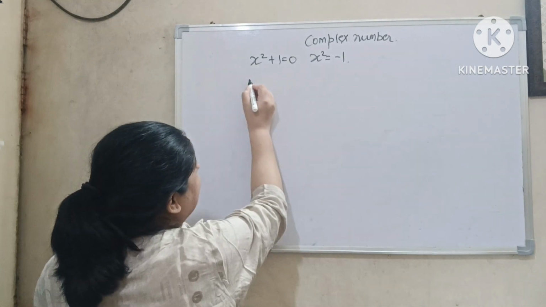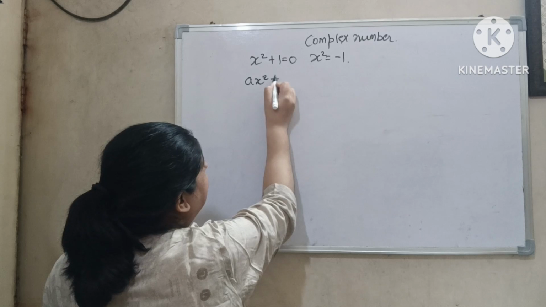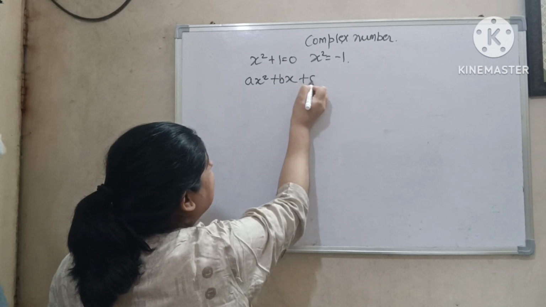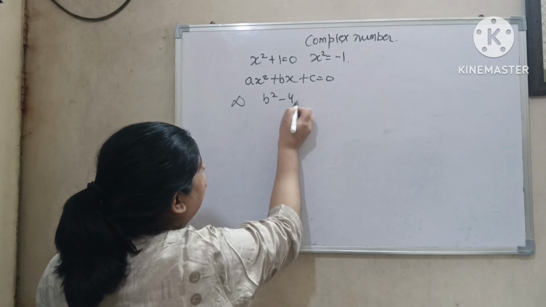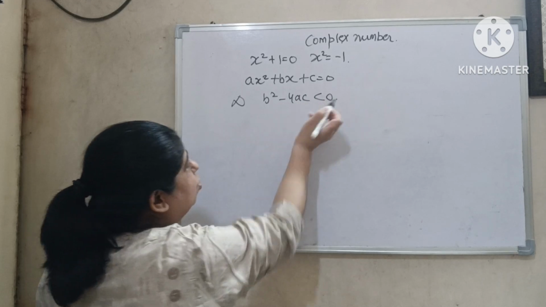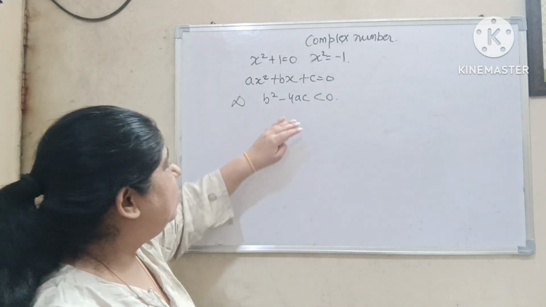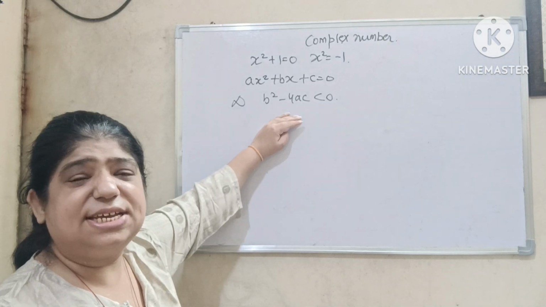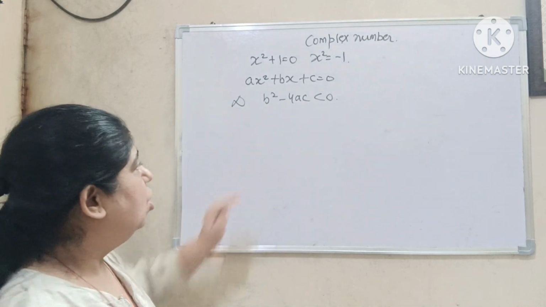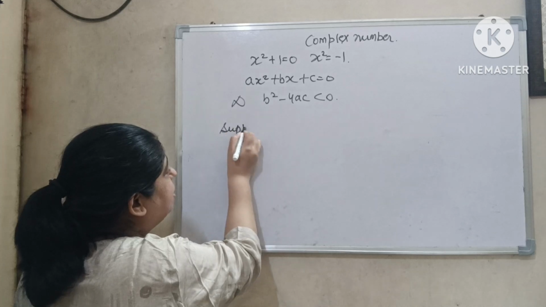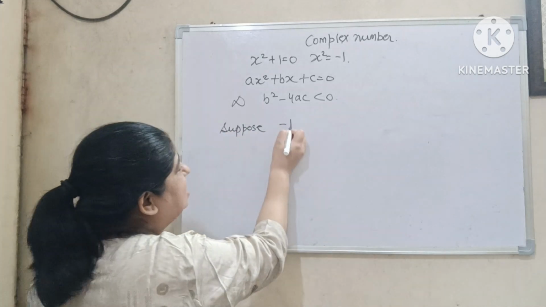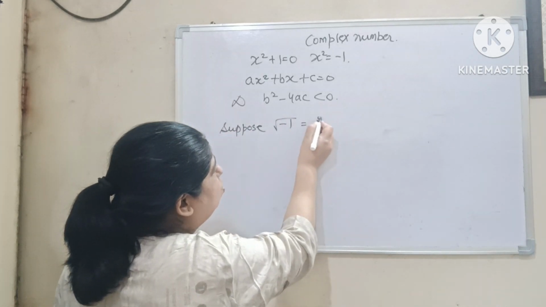For quadratic equation ax square plus bx plus c equal to 0, we need a complex number when b square minus 4ac is less than 0. Now suppose minus 1 under root is equals to i.